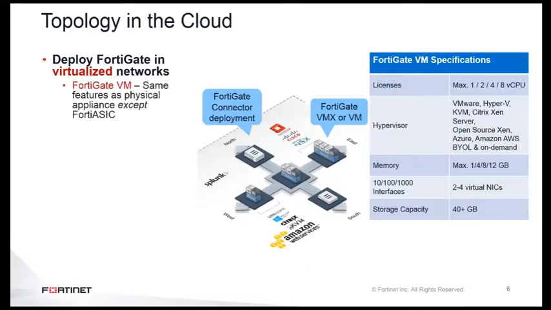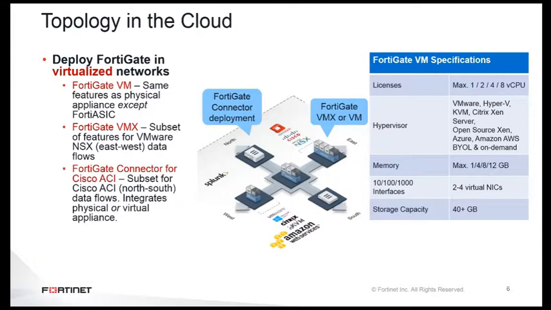FortiGate virtual machines, VMs, have the same features as physical FortiGates, except for hardware acceleration. Why? First, the hardware abstraction layer software for hypervisors is made by VMware, Xen, and other hypervisor manufacturers, not by Fortinet. Those other manufacturers don't make Fortinet's proprietary FortiASIC chips. But there is another reason too. The purpose of generic virtual CPUs and other virtual chips for hypervisors is to abstract the hardware details.